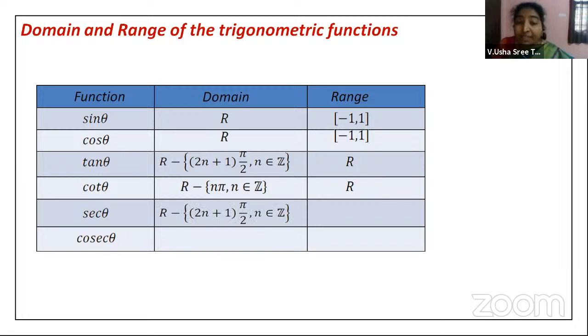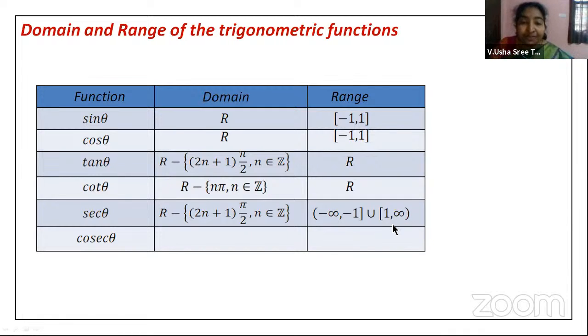So we will remove all those odd multiples of 90. Then the range is defined as minus infinity to minus 1, and from minus 1 to 1 it is not taking any value. That is what I wanted you to observe in the graph, and from 1 to infinity in the positive direction.